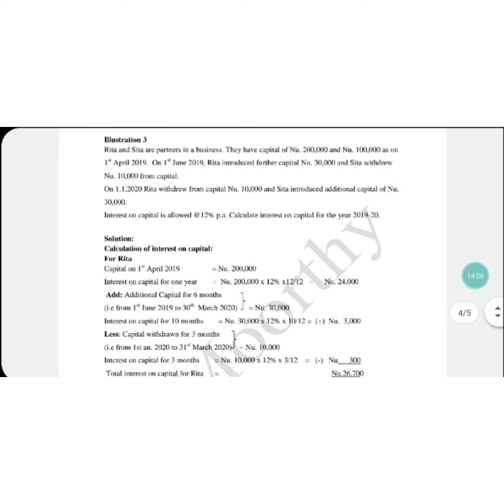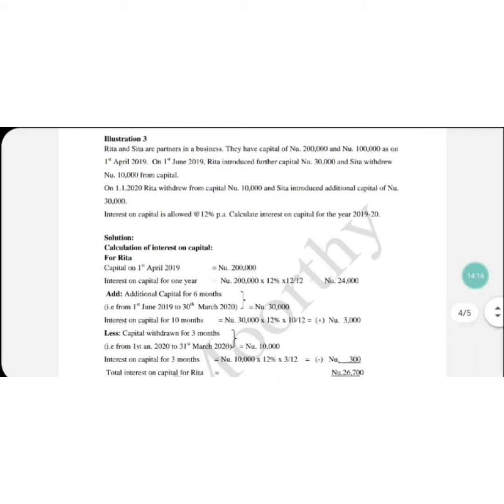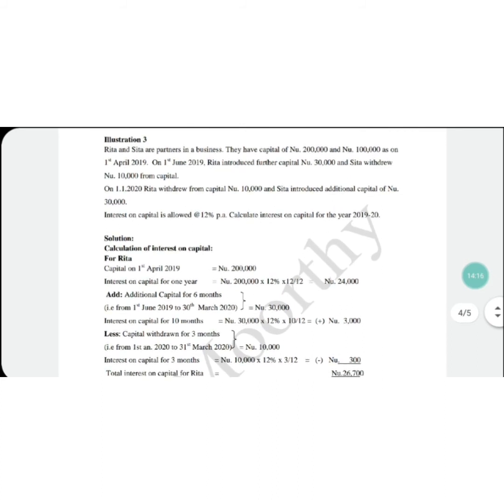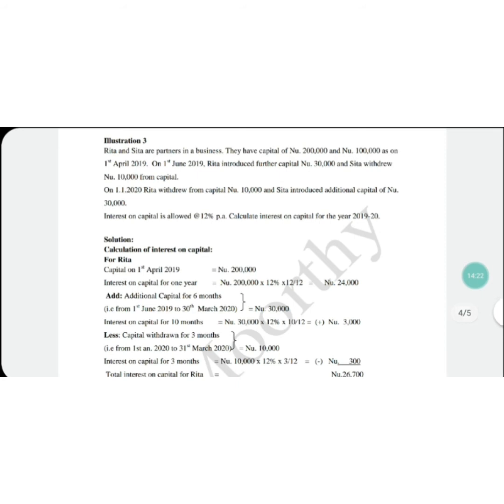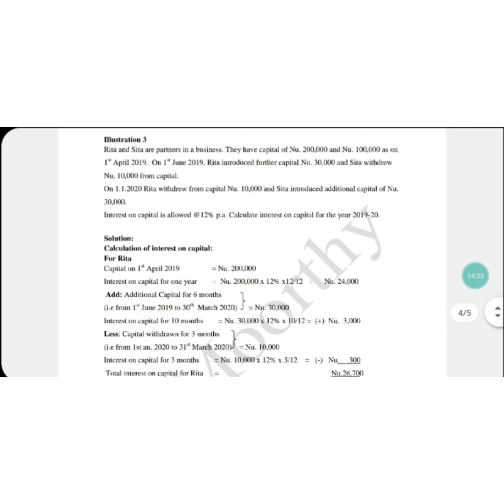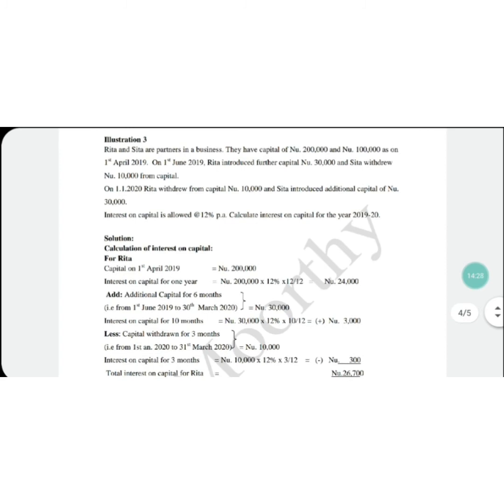When additional capital is introduced, it has to be added. When capital is withdrawn, it has to be deducted. So the interest on capital withdrawn by Rita comes to 300 rupees. So 24,000 plus 3,000 minus 300 comes to 26,700, the total interest on capital.